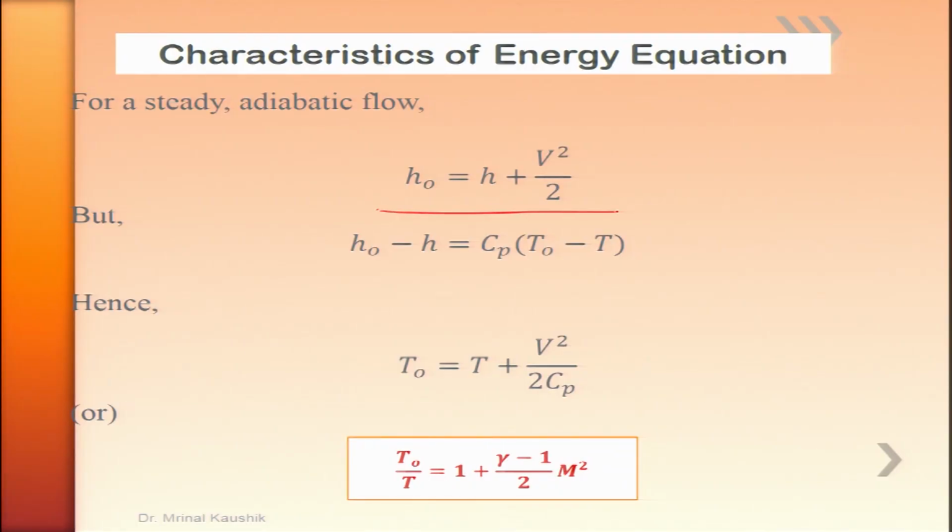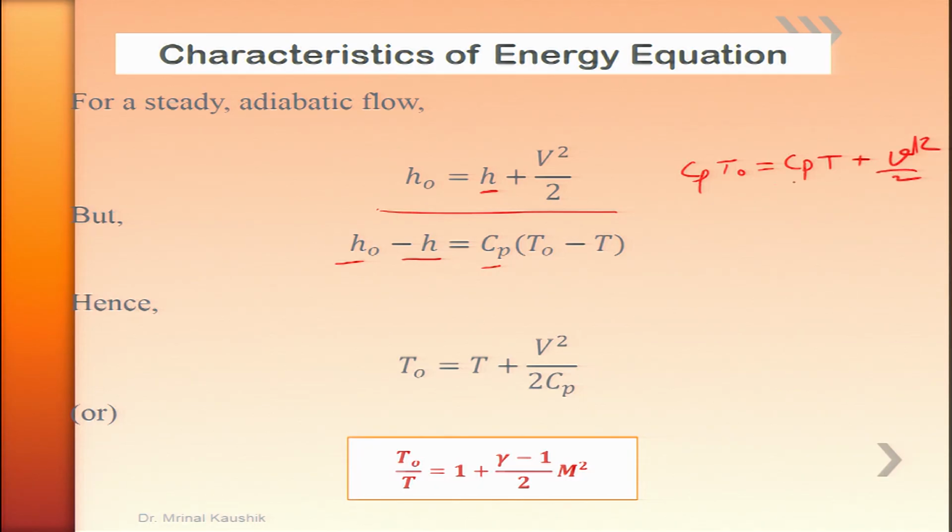Again, considering the energy equation of the form H naught is equal to H plus V square by 2, what we essentially can write down immediately, bringing this to this side, is H naught minus H, which is nothing but Cp into T naught minus T, from dH equal to Cp dT. In this exercise, we can see that it gives Cp T naught equal to Cp T plus V square by 2.